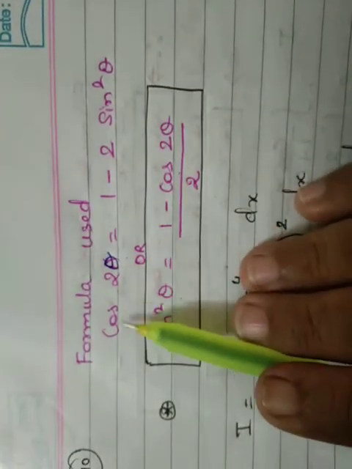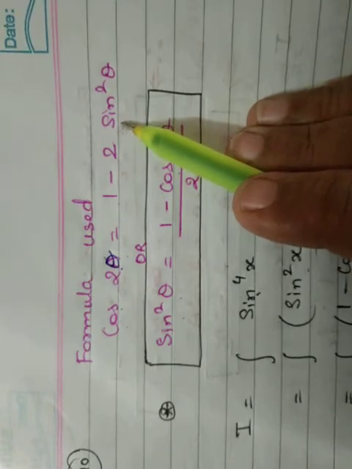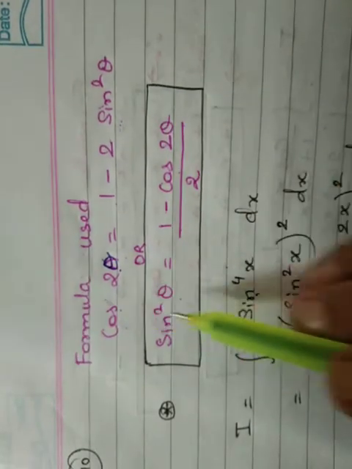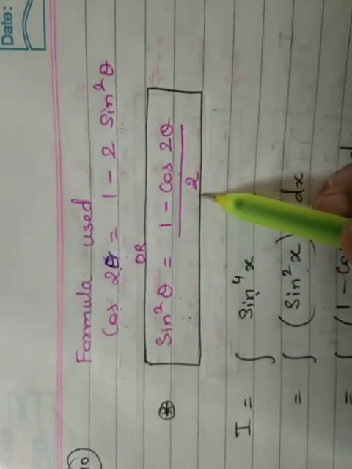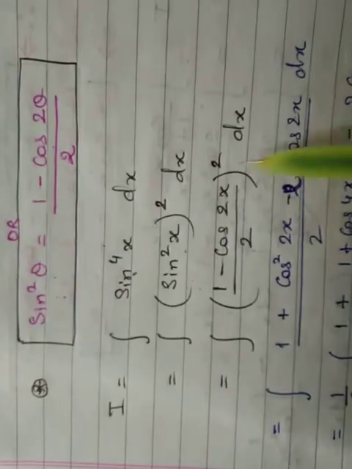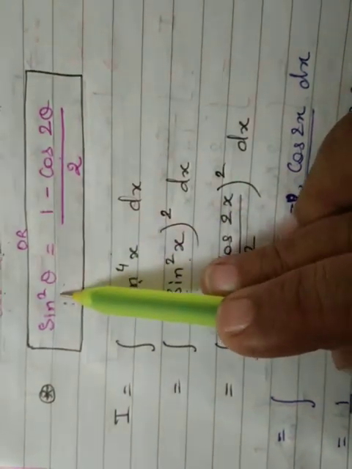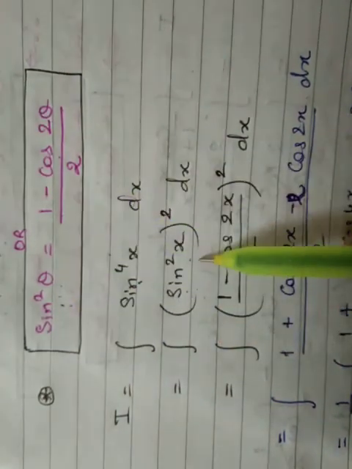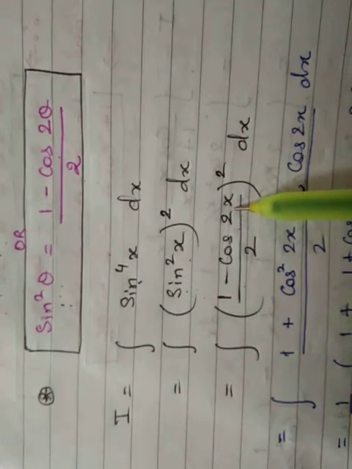So I have cos of 2 theta is 1 minus 2 sine squared theta, or I can also write the same formula in the form sine squared theta is 1 minus cos of 2 theta upon 2. So now instead of sine squared theta, I write from this formula 1 minus cos of 2 theta upon 2.